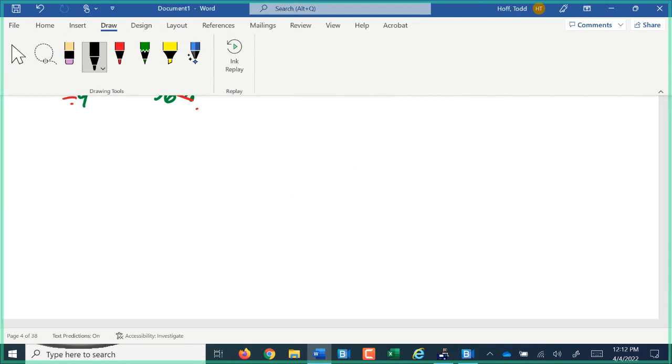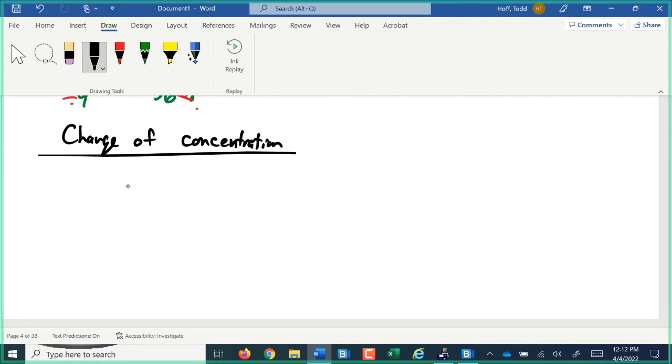Okay, so next then we had a change of concentration, or sometimes called the concentration adjustment. That was V1 times C1 equals C2 times V2.